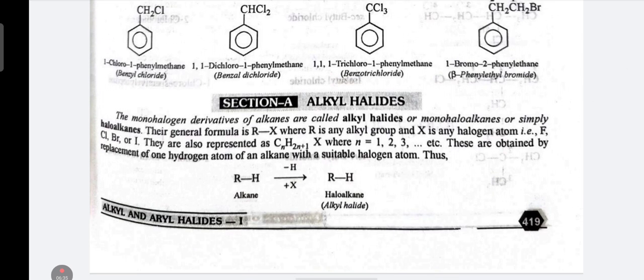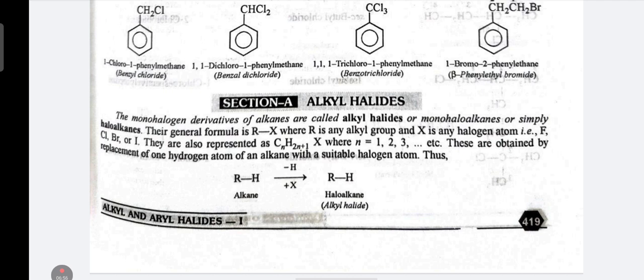Now we will discuss alkyl halide. The monohalogen derivatives of alkanes are called alkyl halides or monohaloalkanes, or simply haloalkanes. The general formula is RX, where R is the alkyl group and X is a halogen atom: fluorine, chlorine, bromine or iodine.